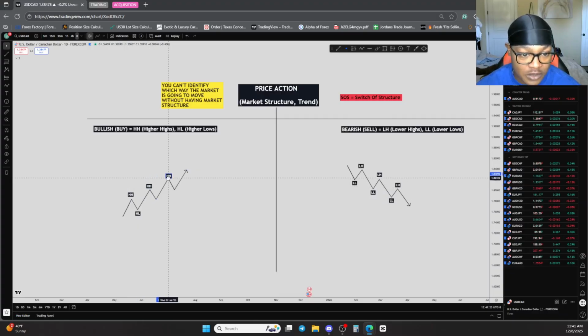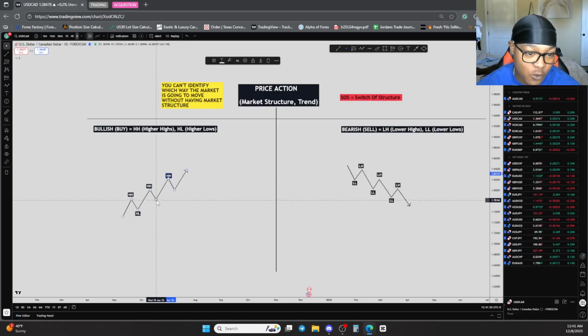So we mark this off like so. And if we drag this back down, in order to have a higher high, it's mandatory to have a higher low. Why? Because in order for price to break past this recent high point, price has to form a low point that allows this extension to take place.